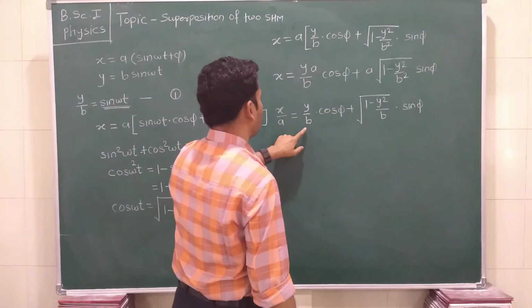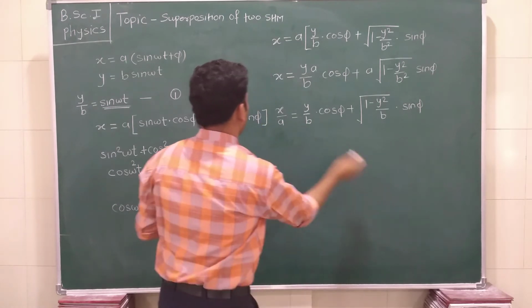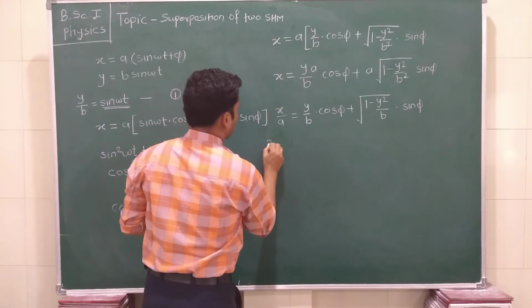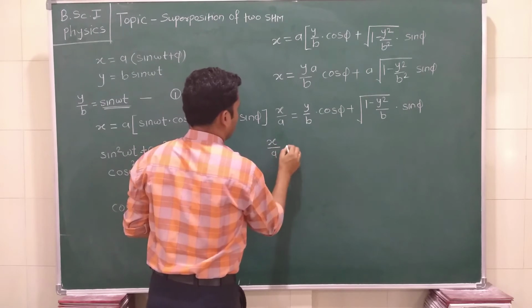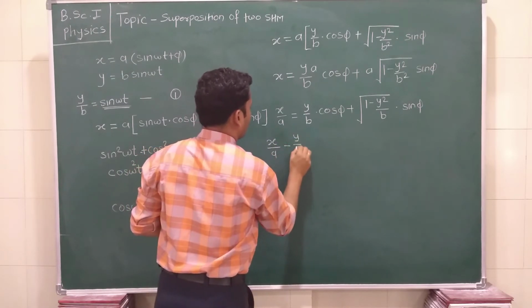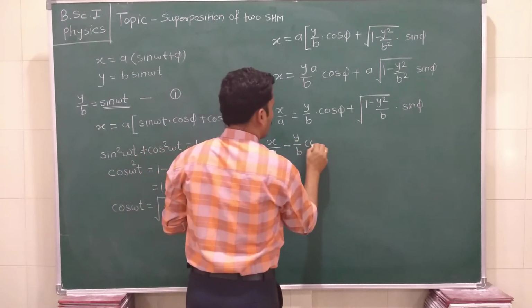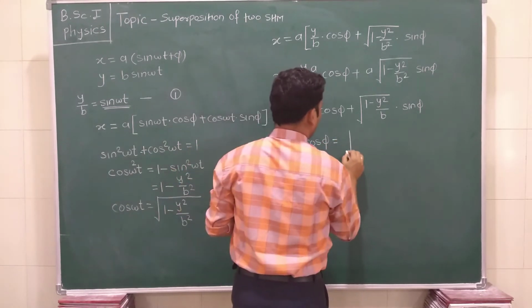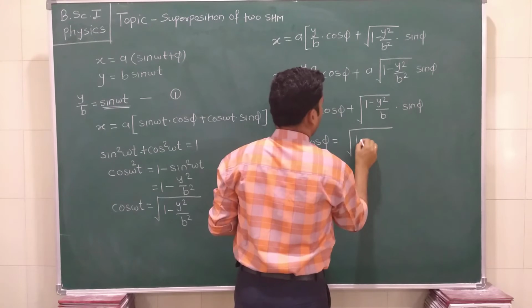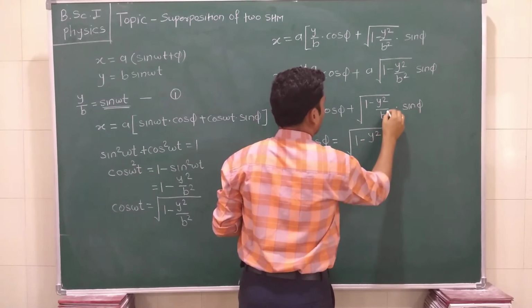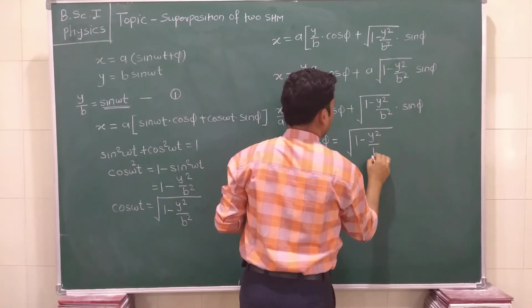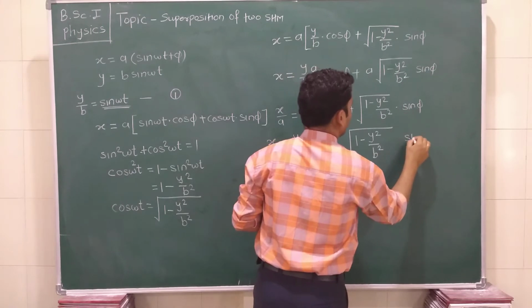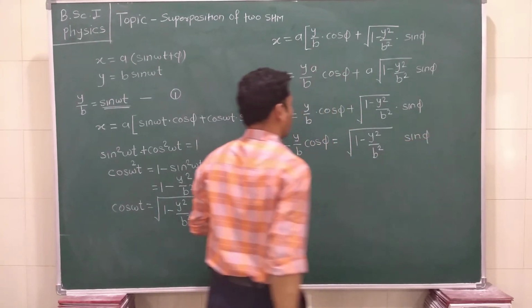Now, we can shift this term to this side, so this is x upon a minus y upon b into cos phi is equal to under root 1 minus y square upon b square into sin phi.